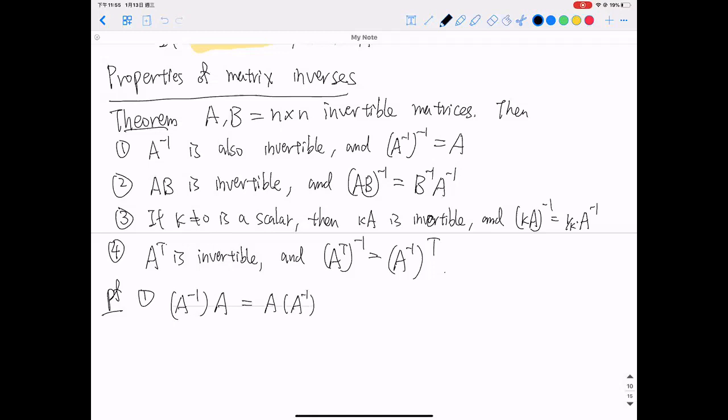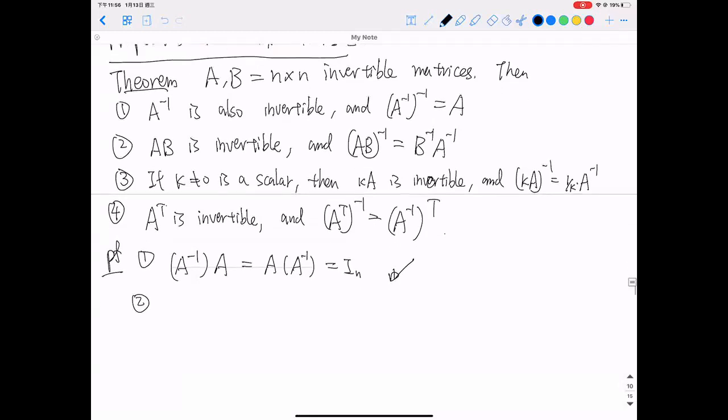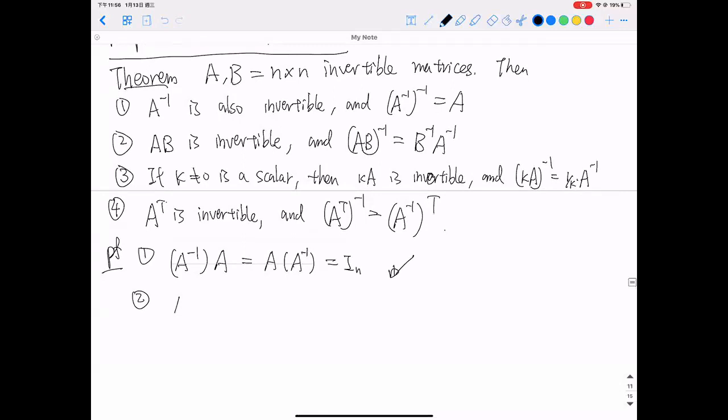That is, if you multiply A and A inverse from either side, you should get the identity. But that's obvious because that's the requirement for A inverse. So that's easy. Now, AB inverse should satisfy this property.